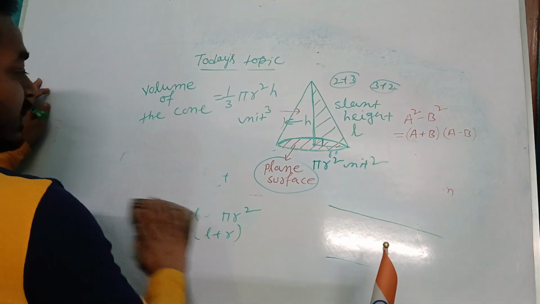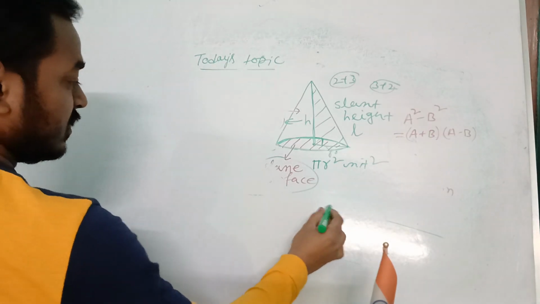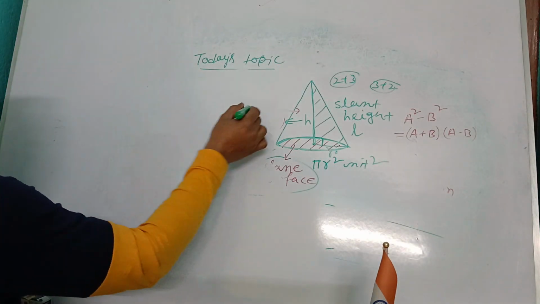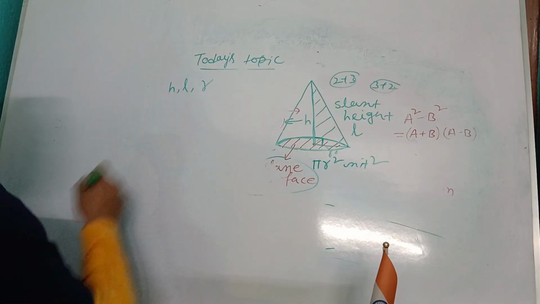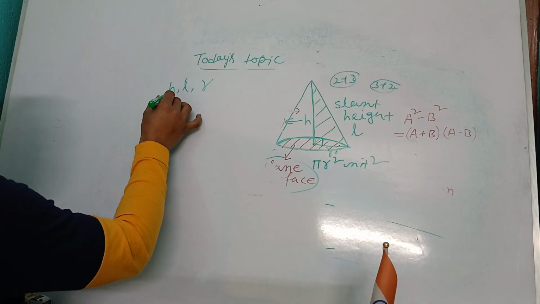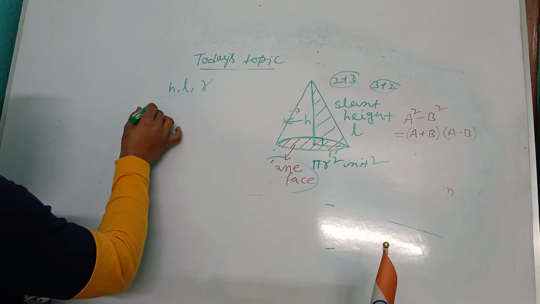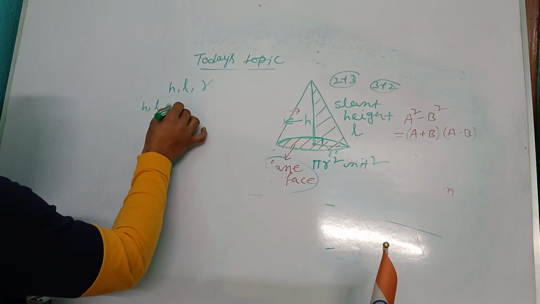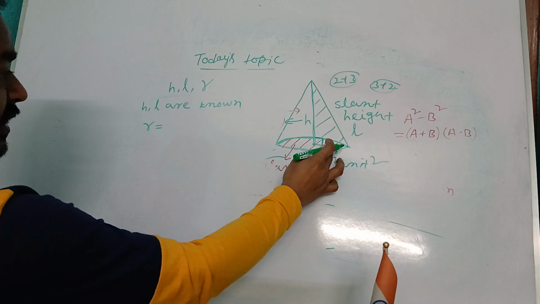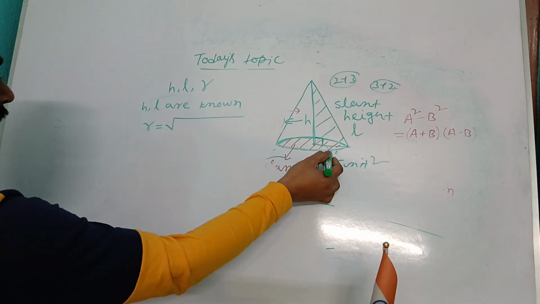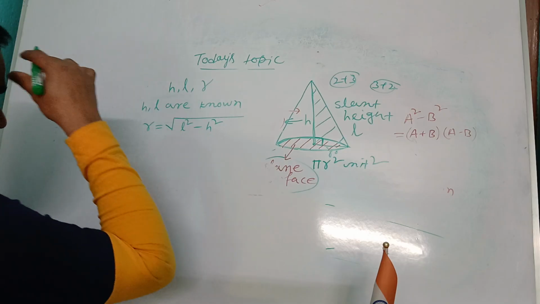Now, once again I am writing. For example, if there are three quantities h, l, r, and two are known and one is unknown: when h and l are known, then r is equal to under root l square minus h square.